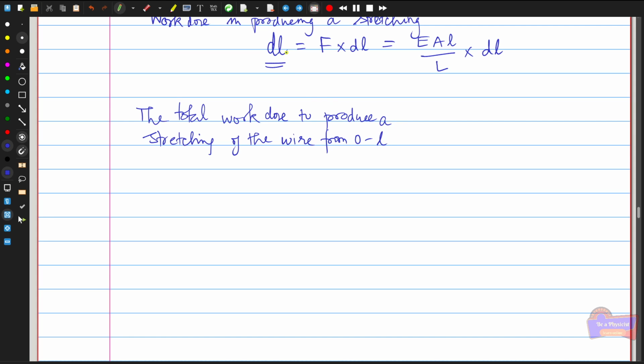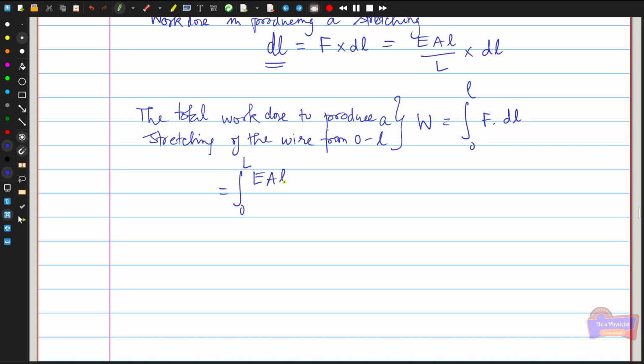I can take the same formula and integrate with the limits 0 to l. So the work done W is equal to the integration from 0 to l of F into dl. I know the values of F and dl, so I can easily substitute: from 0 to l, E A l divided by L with dl.